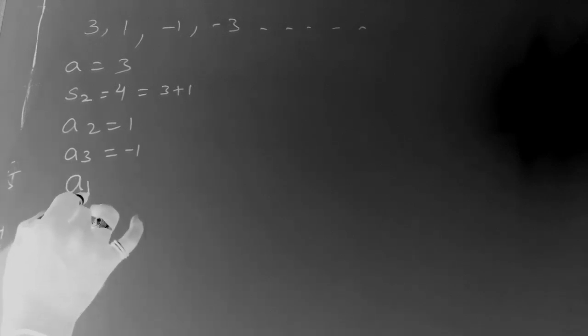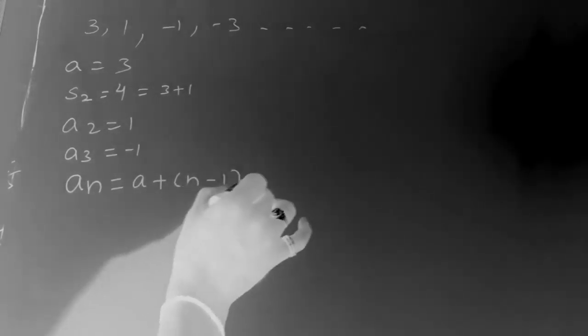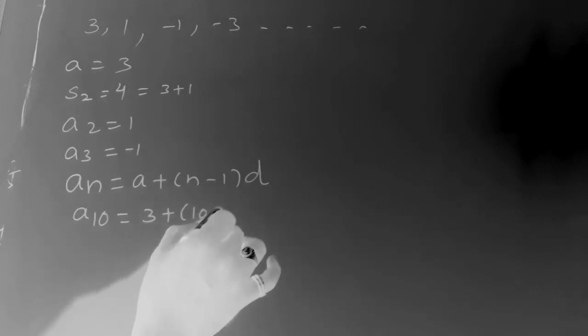And he is asking to find the 10th term. First the general formula: the nth term of an AP series is a plus n minus 1 into d. So this is the general term of the AP series. Now you substitute the values. He is asking for the 10th term. So a10 is the first term 3 plus 10 minus 1 times d.